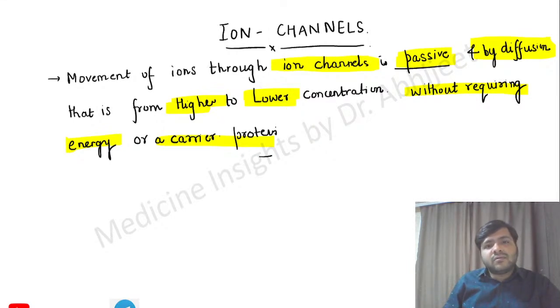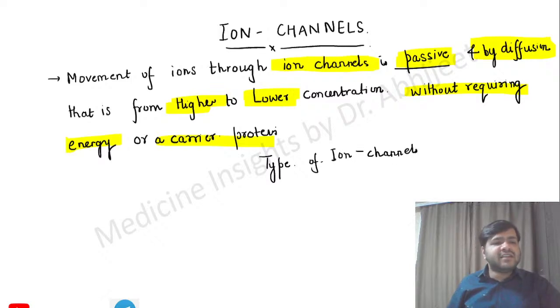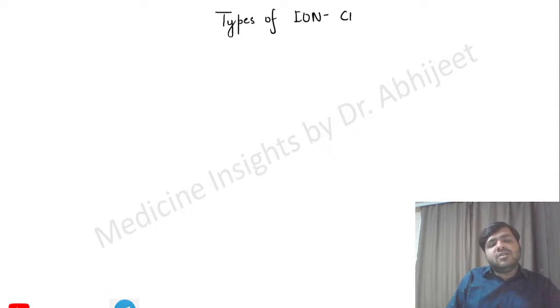Now we have types of ion channels. I will discuss in the next slide because it is a little bit long. Okay, so put the heading as types of ion channels.